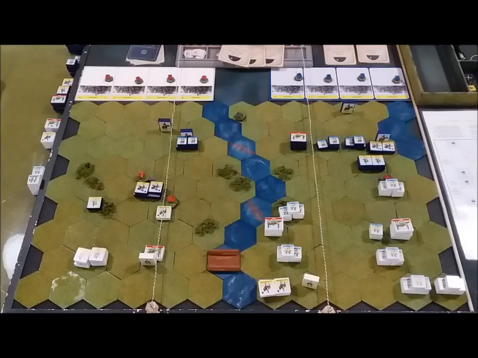The only trouble we're going to run into is these guys will probably form battalion mass, and then we're only going to get the 1 go at them, which is a bit of a pain. We could try and soften them up. Well, we can't really try and soften them up at all. So we could do that.